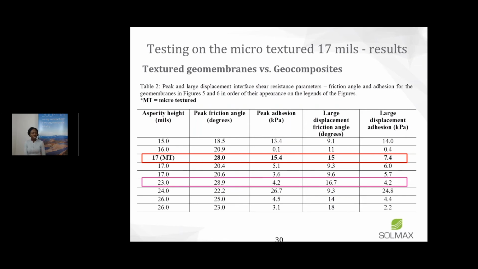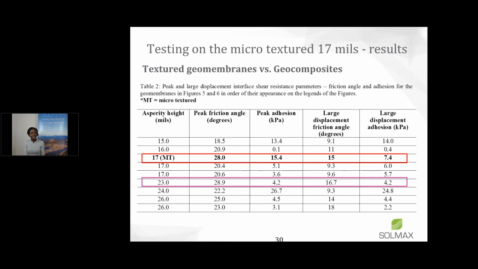So looking at the values now of the geocomposite, all of the summary now on the screen. At 17 mils asperity, microtextured was able to achieve peak friction angles that were comparable to what you would achieve with a 23 mils asperity, or even something higher like 26 mils.